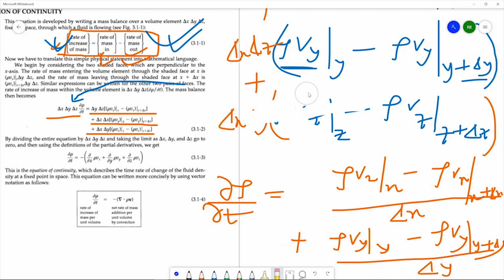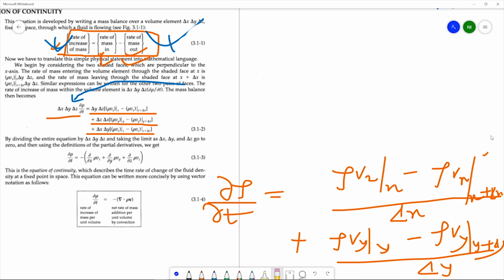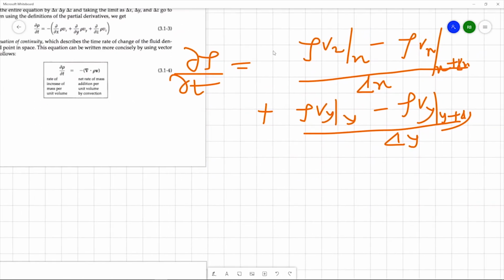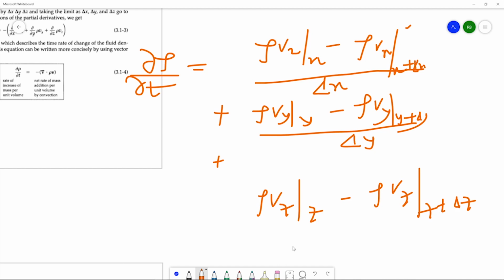And one more term, rho Vz at z face minus rho Vz at z plus delta z, divided by delta z. So you'll get this.